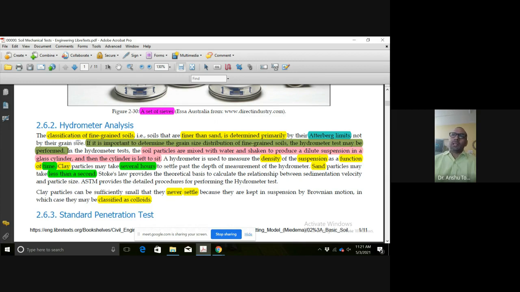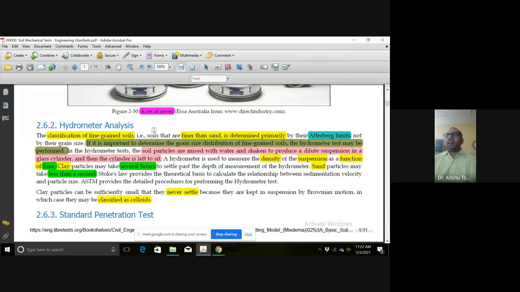That is not by their grain size. If we want to do the classification of the soil, then it becomes difficult because they are quite finer as compared to sand. So that is why they are being classified as per their Atterberg limits.